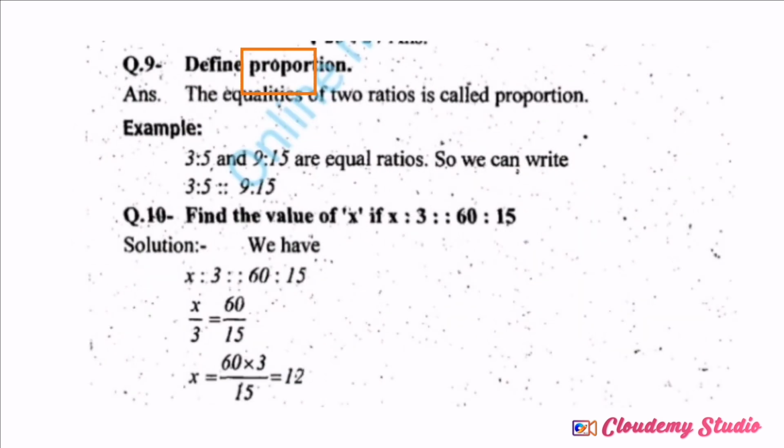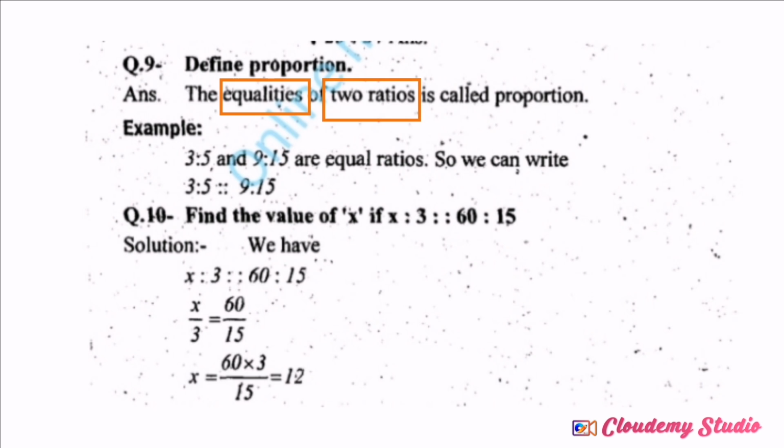Define proportion. The equality of two ratios is called proportion. So for proportion, there must be two points: there must be two ratios and they must be equal.